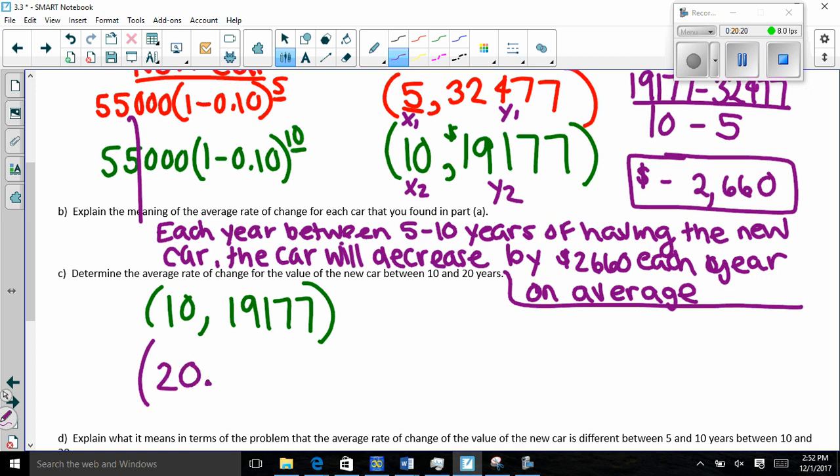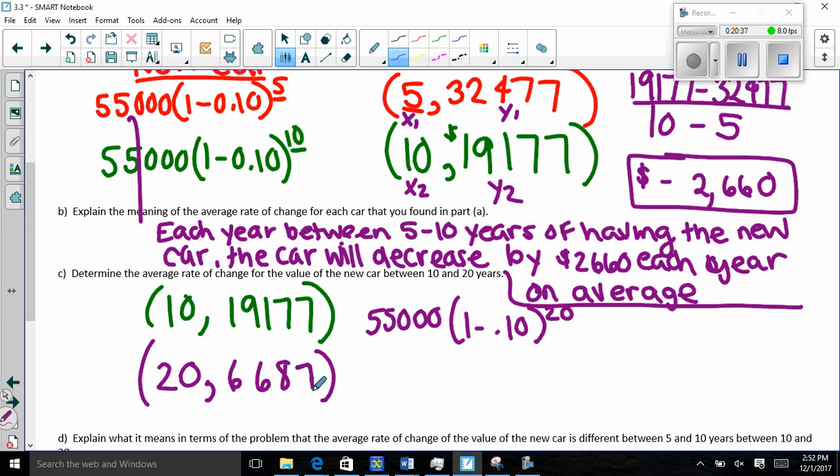So to do that, the same thing up here where I do 55,000 in my calculator times 1.10 to the 20th power. And when I do that, I end up getting 6,687, which means by the 20th year, even that $55,000 car's only worth $6,687.